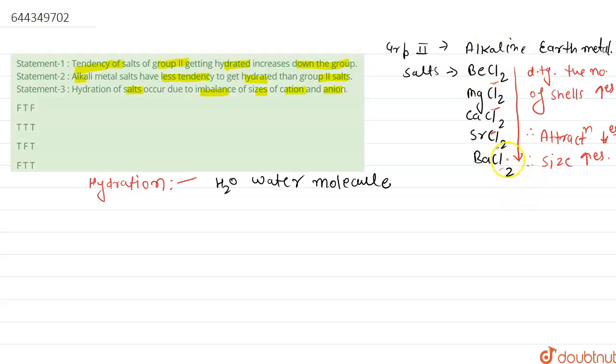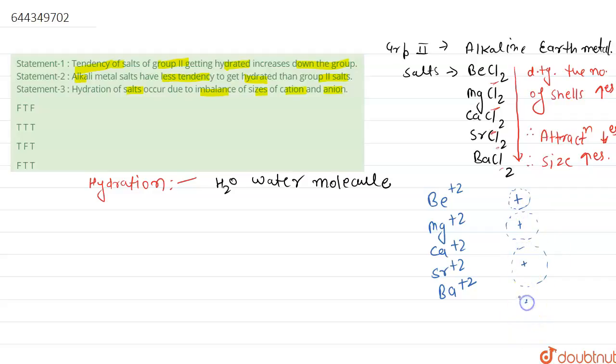As we move down the group, the size of the cation also increases, like Be+2, Mg+2, Ca+2, Sr+2, and Ba+2.